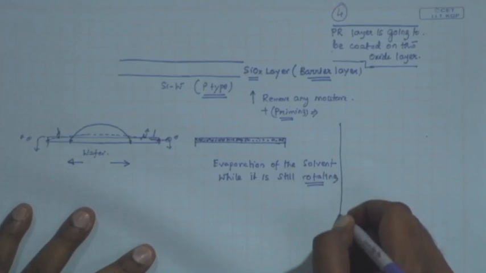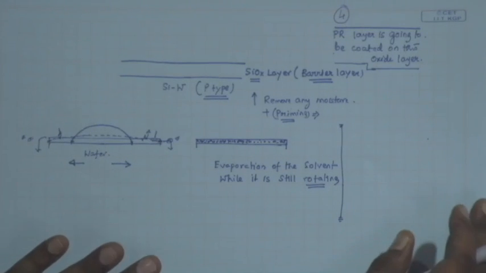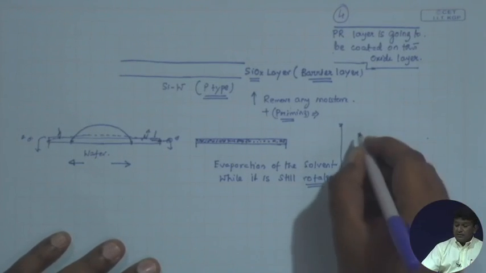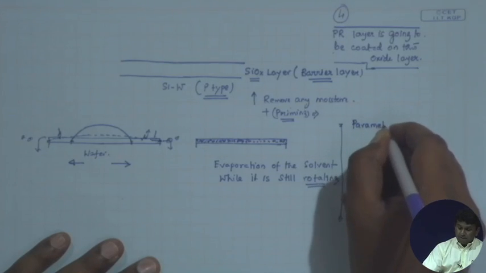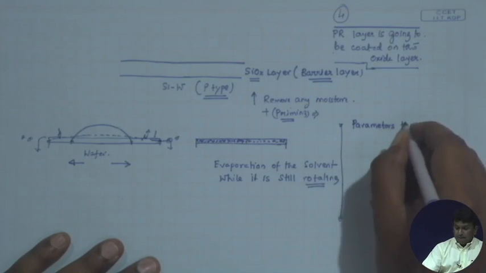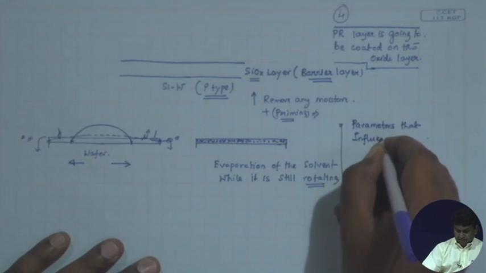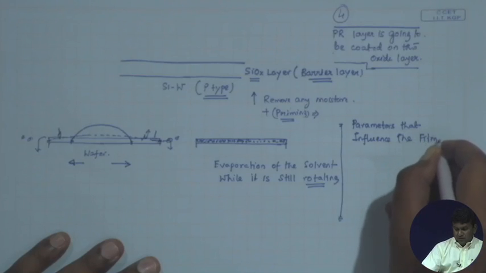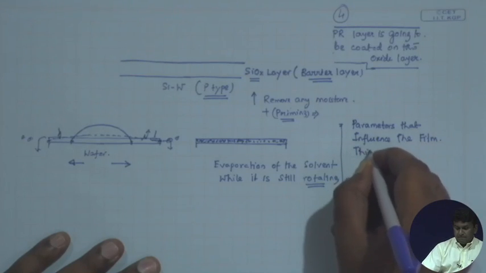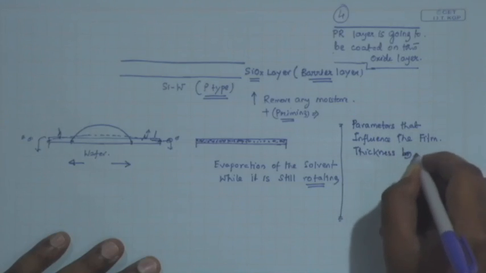Again, please do not try to remember what is the concentration, this and that, that is not needed, but what are the parameters that influence the film thickness in spin coating.